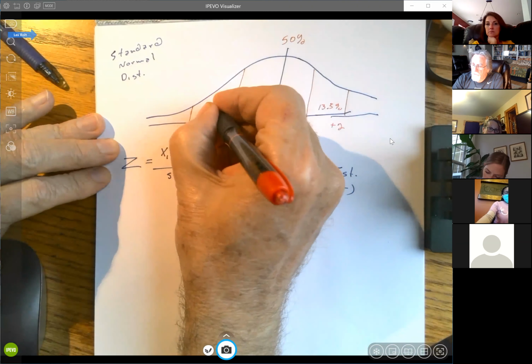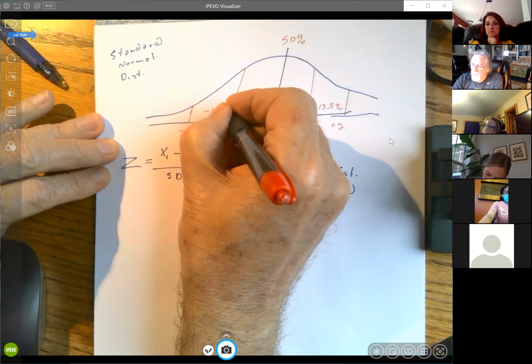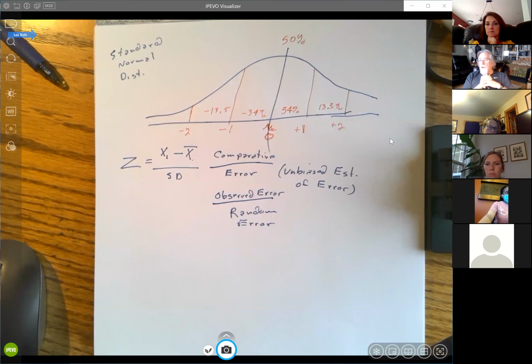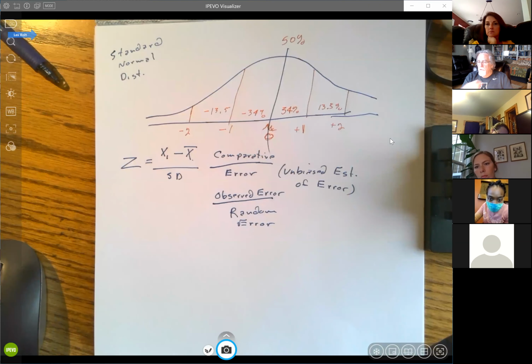So this becomes 13.5. And for all practical purposes, that's really all we need to know about the surface area under this curve.